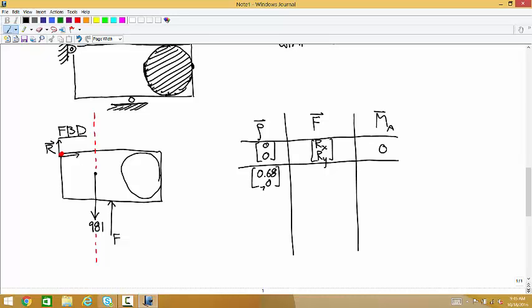That 0, we just don't care. And the force vector applied by gravity is 0, negative 981. And the cross product is negative 667.08.